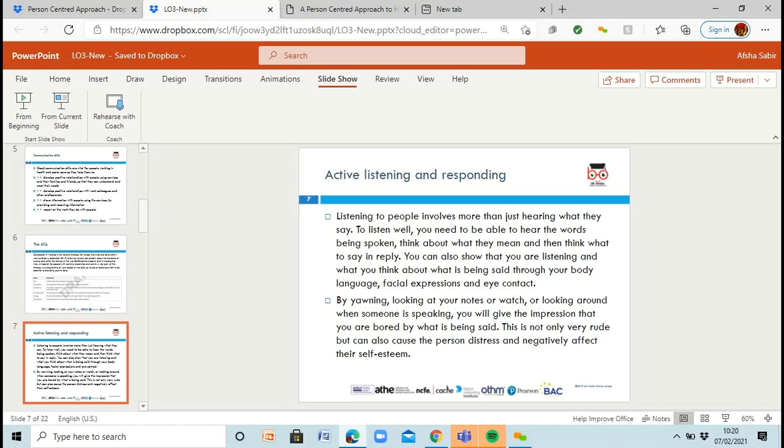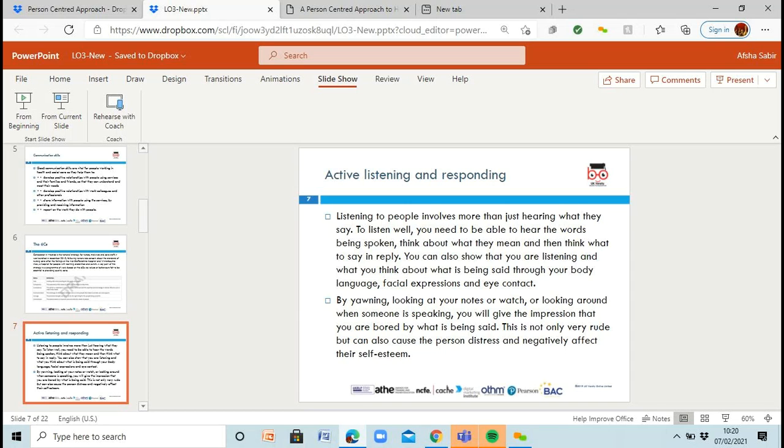This goes for you as well. For example, if you're sitting there with the patient and they're trying to tell you something, but you start looking at your watch or scribbling things onto your clip chart, or you start shaking your legs or yawning or turning around, it's going to show them that you're not paying attention to them.